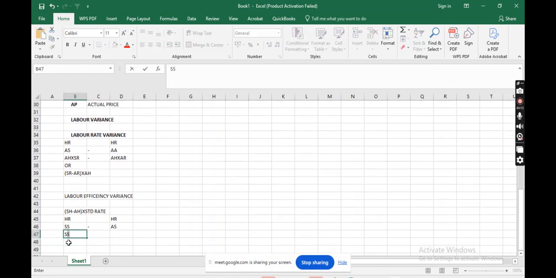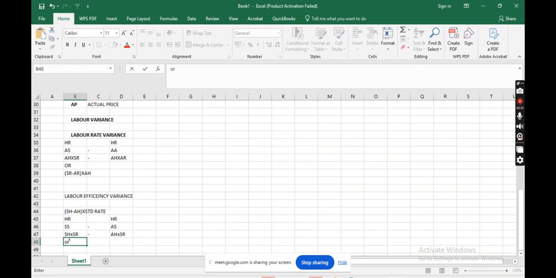So this will be the standard hours times the standard rate, minus the actual hours times the standard rate. I will still define the terms.